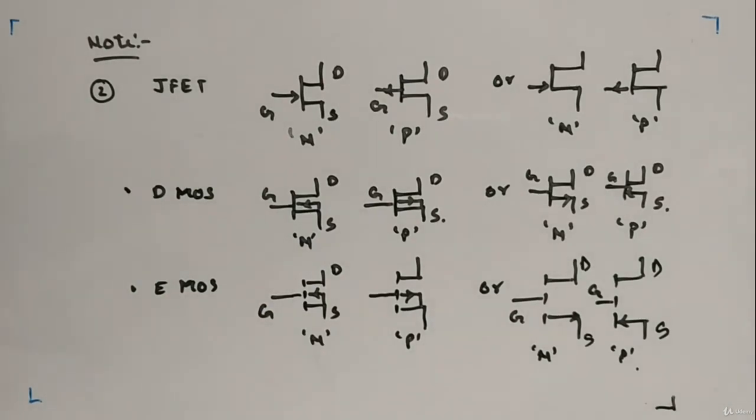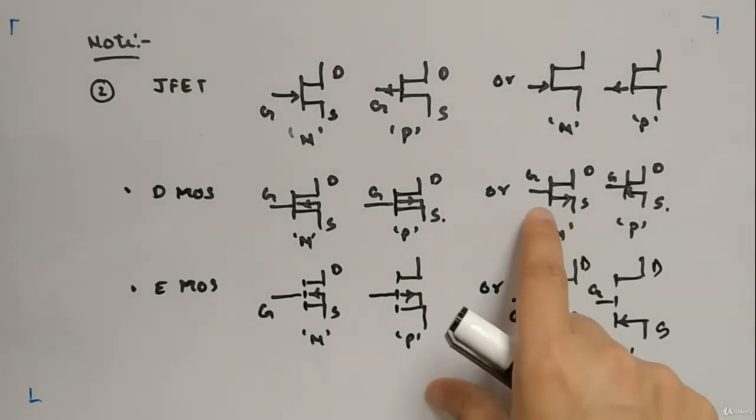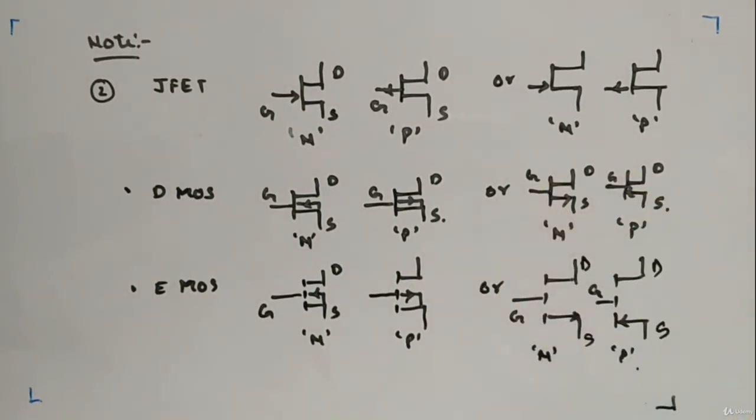Mostly we will be using these kinds of MOSFETs, the three-terminal types. If enhancement, then dashed line. If not enhancement, then solid lines. So these are the different representations. I think this should give you a clear picture of how we will represent them in future videos.